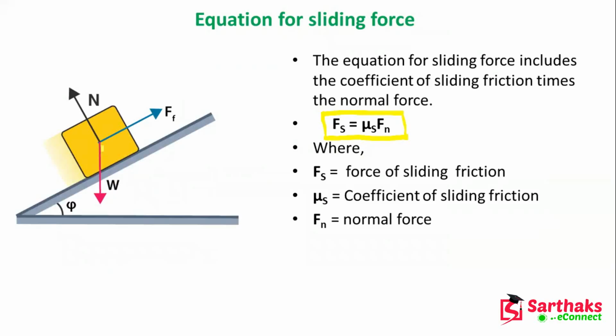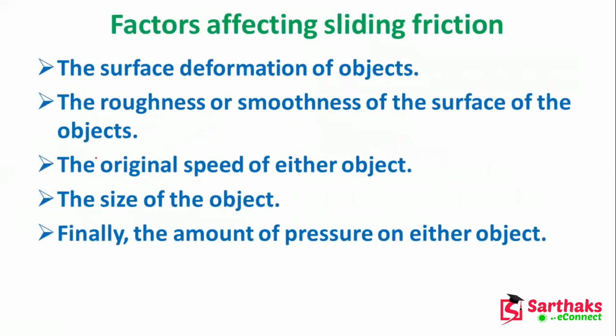Here in this figure, W is the mg, and here is the normal force, and the sliding force equals mu s into Fn, where mu s is the coefficient of sliding friction, Fn is the normal force, and Fs is the force of sliding friction.